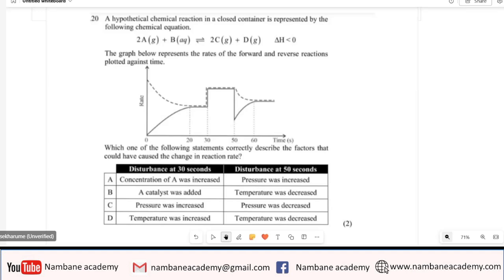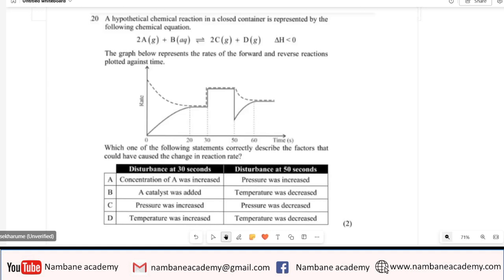Which one of the following statements correctly describes the factors that could have caused the change in reaction rate? If you look at this one, there's the catalyst, though I didn't mention the catalyst. The catalyst favors both the forward and the reverse reaction at the same rate.